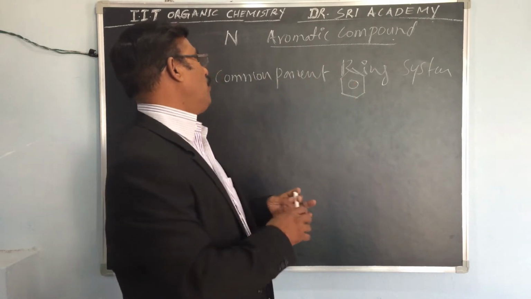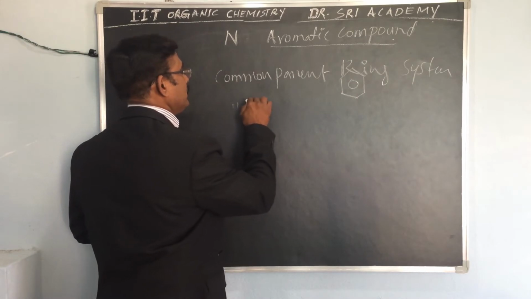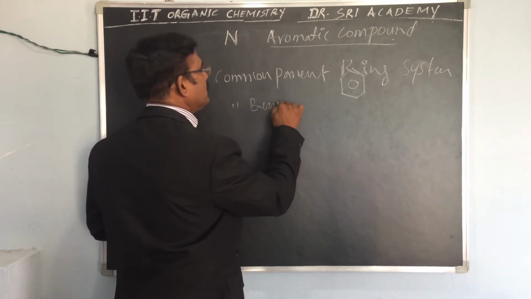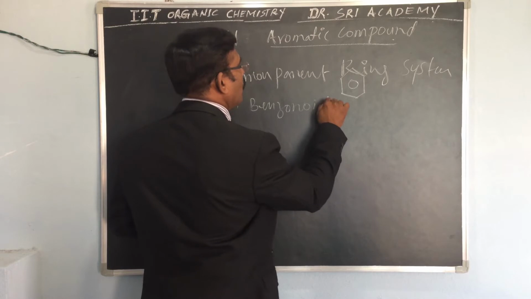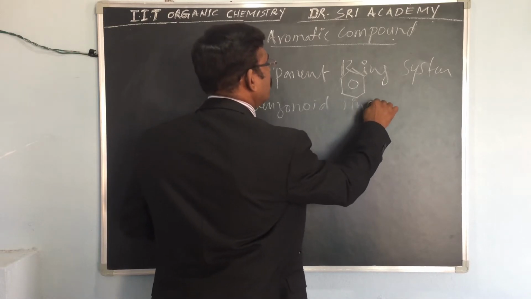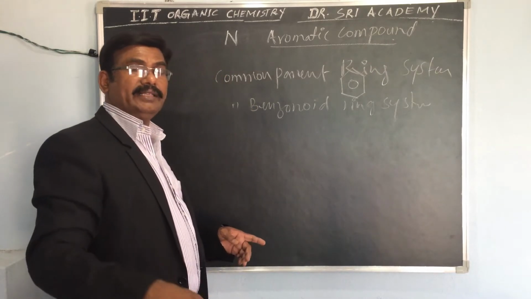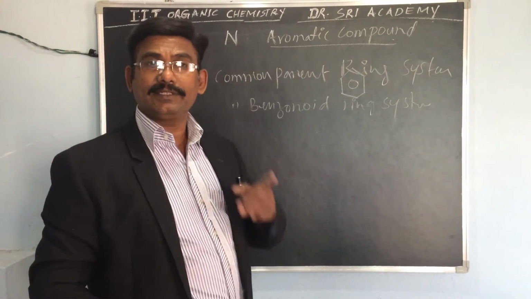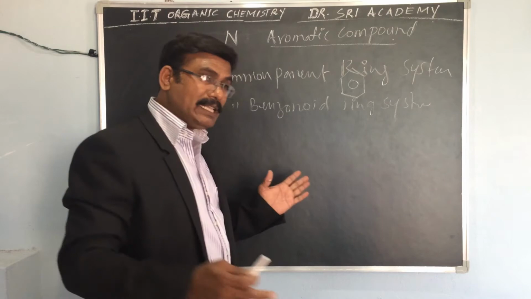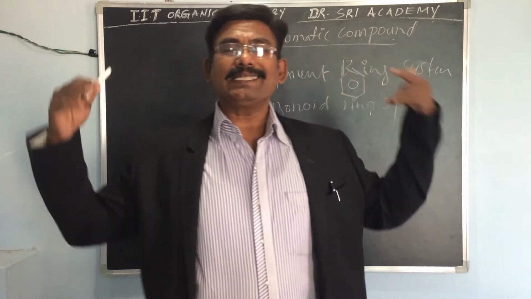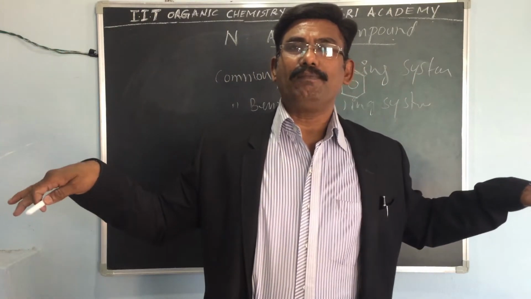So we can say benzenoid ring system and non-benzenoid ring system. First of all, what is a benzenoid system? Benzenoid means the benzene ring must be in the compound.